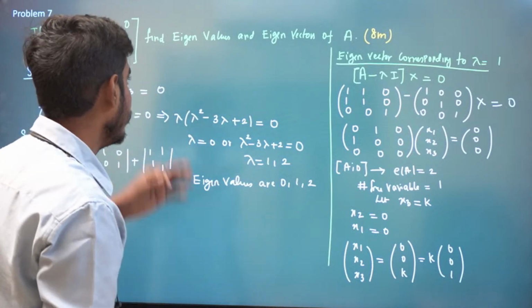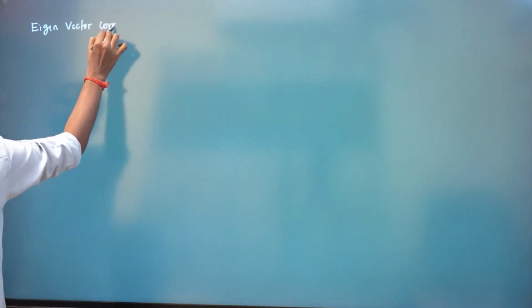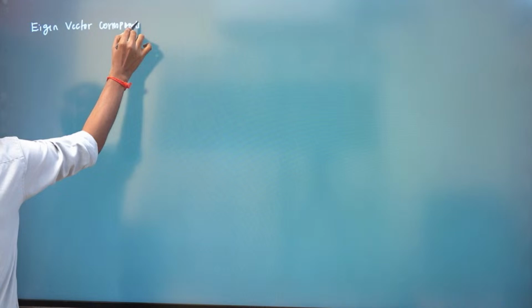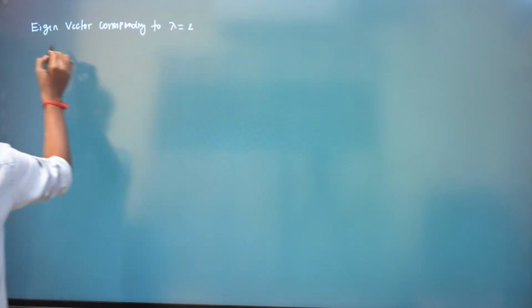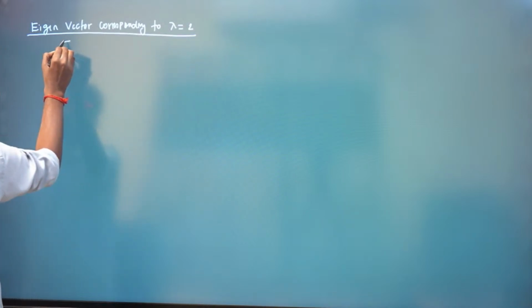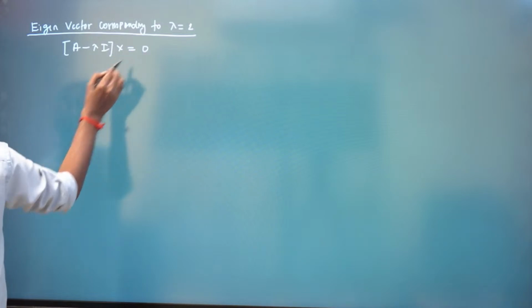Okay. So now the eigenvector corresponding to lambda equal to 2. We have (A minus lambda I) x is equal to 0.